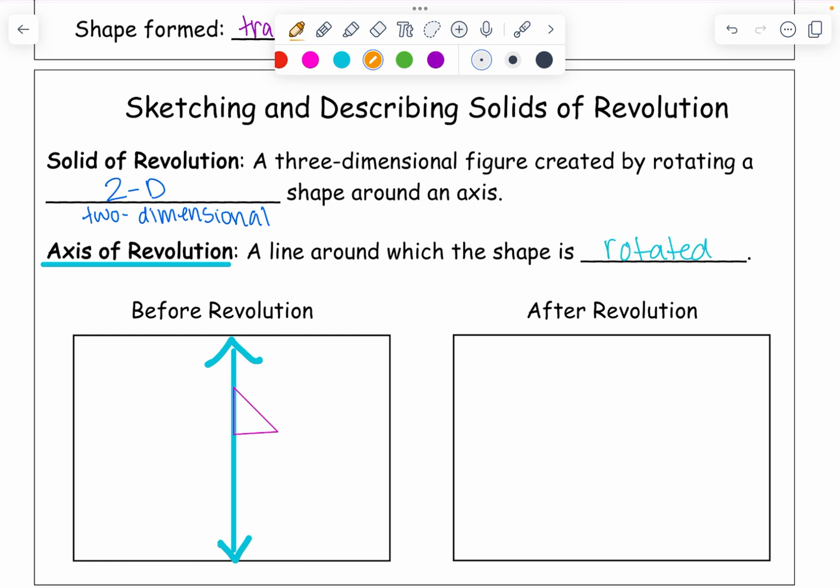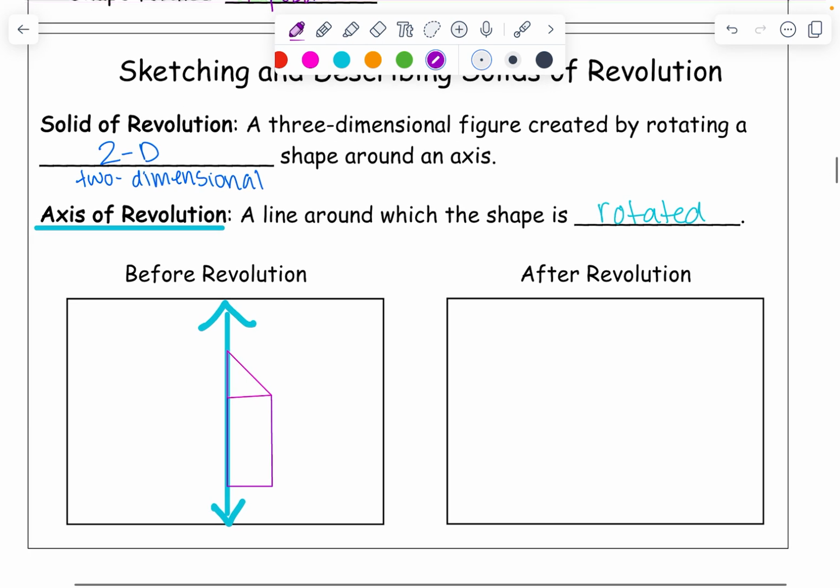I could also draw a rectangle on this axis. Okay, and then we want to figure out what it creates.